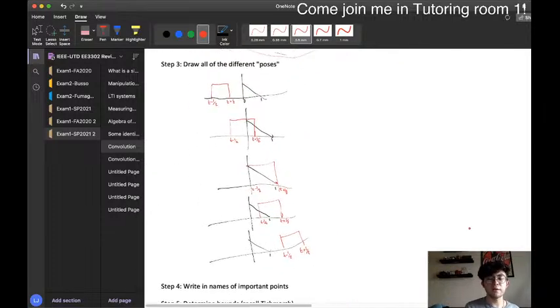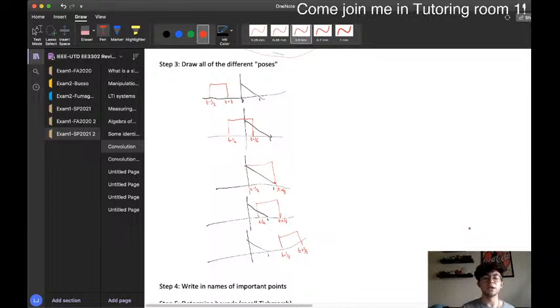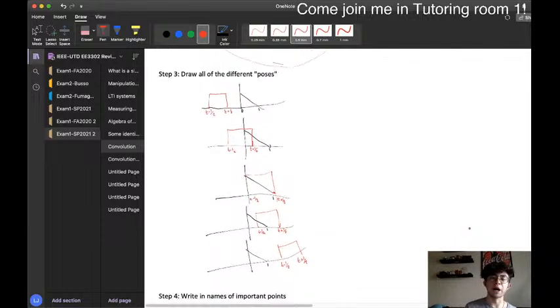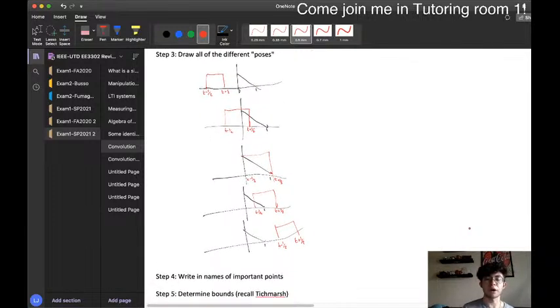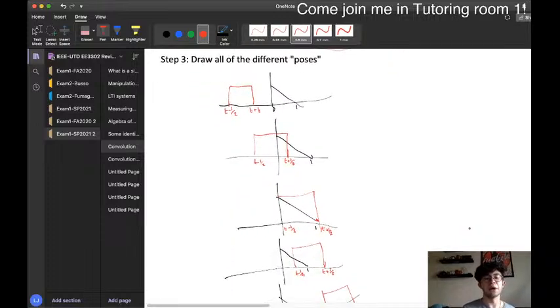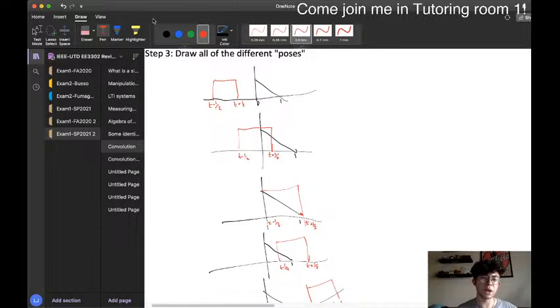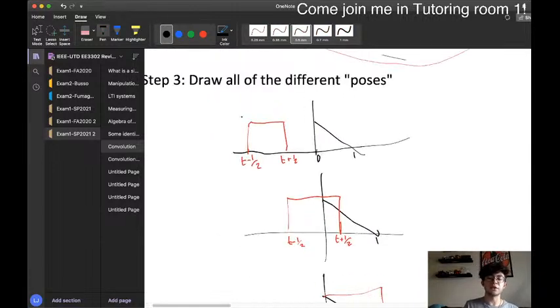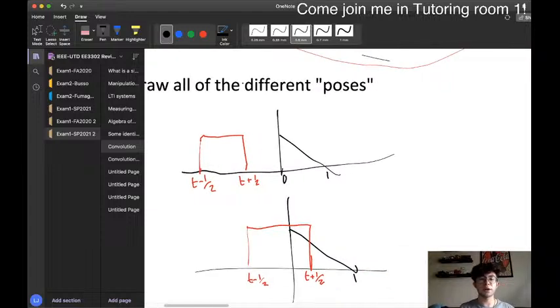So we have all of these different drawings, and now we can determine the bounds of the different behaviors of our convolution by deriving the following inequalities from these pictures. So this one at top, notice that our red endpoints are both to the left of everything.